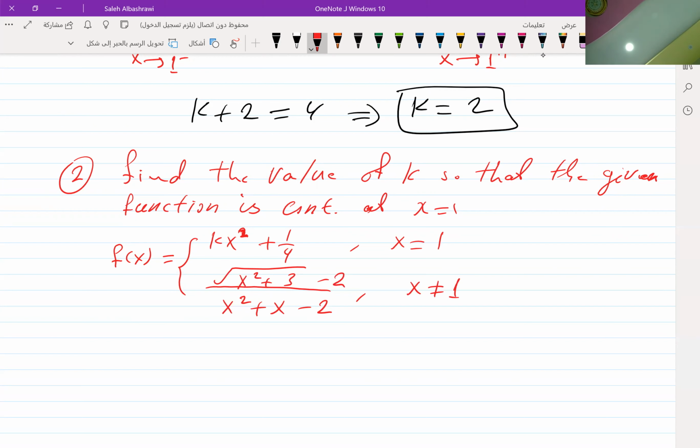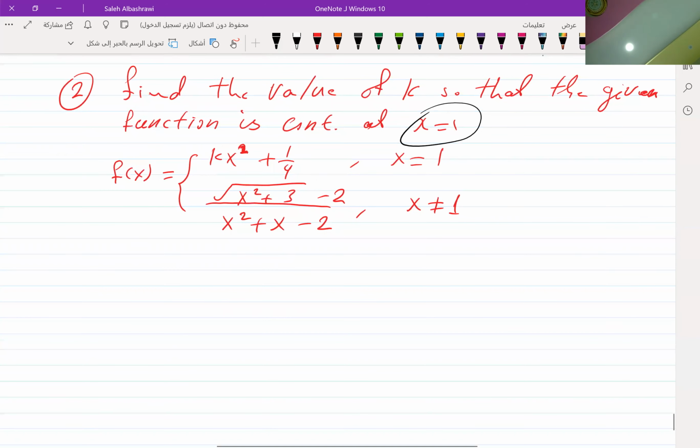And again, we need to find the value of k so that the given function is continuous at x equal to 1, which means that I have to satisfy the three conditions.